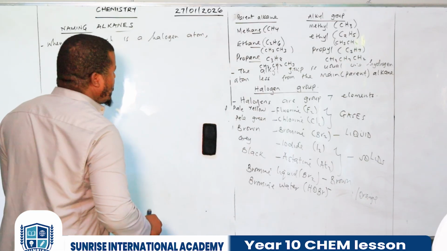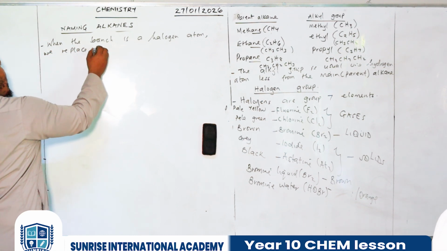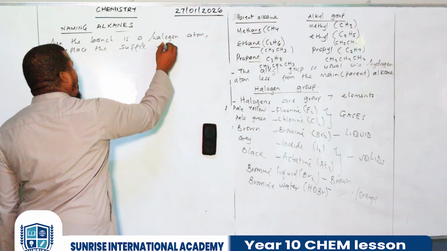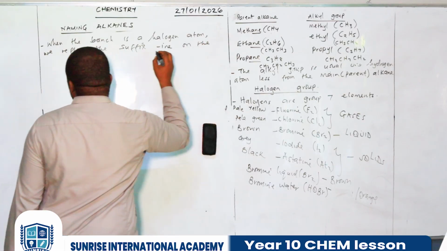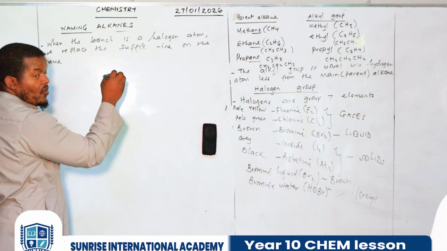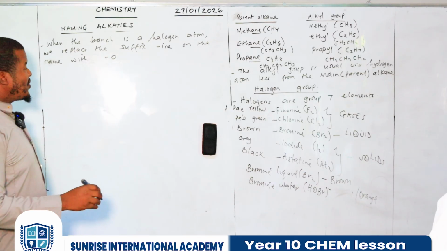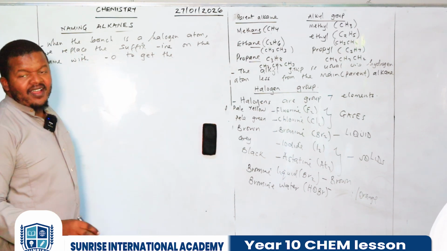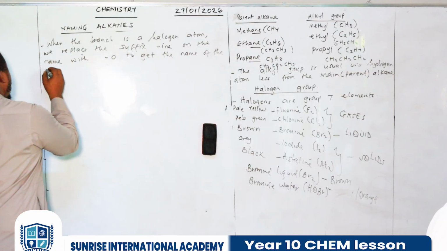what do we do? We replace the suffix INE on the name with O to get the name of the side chain.